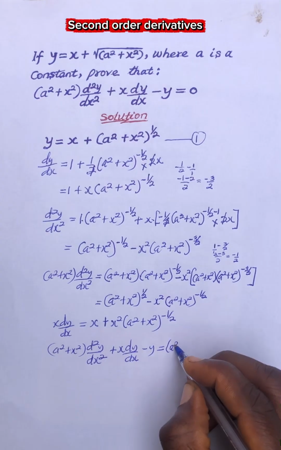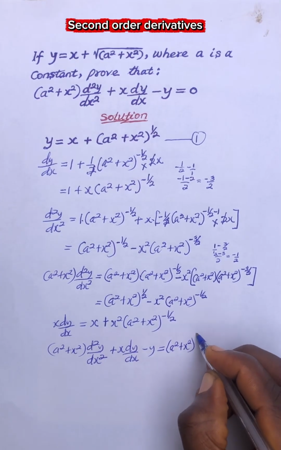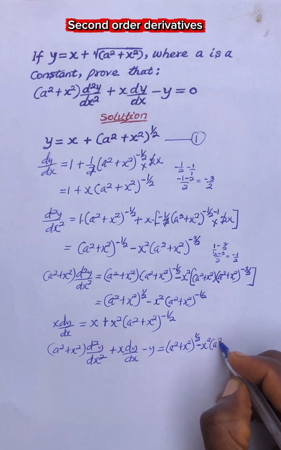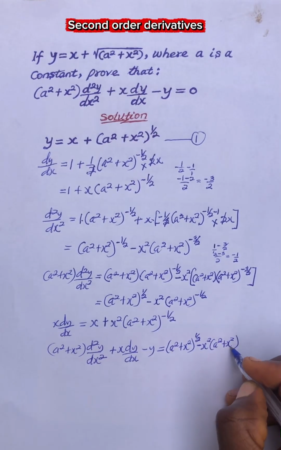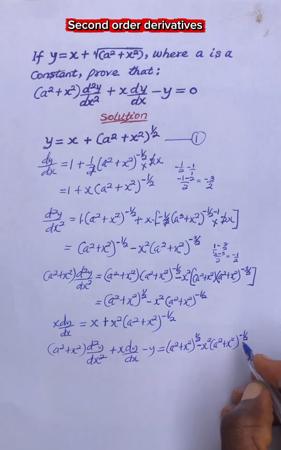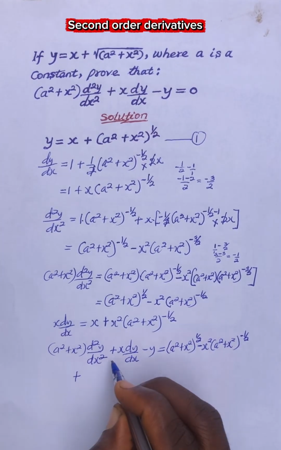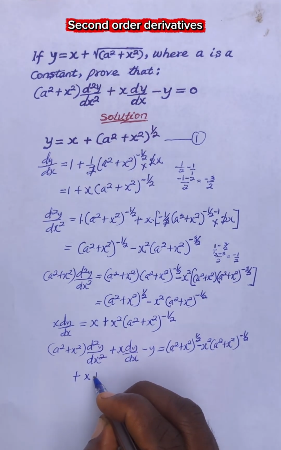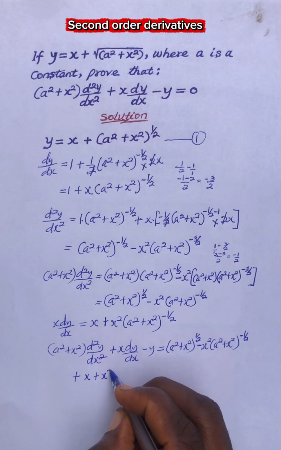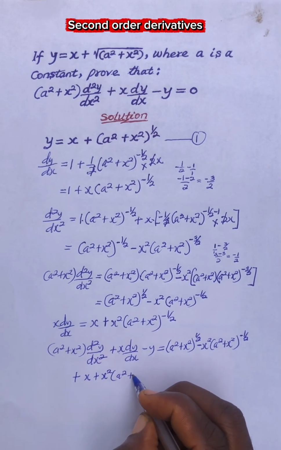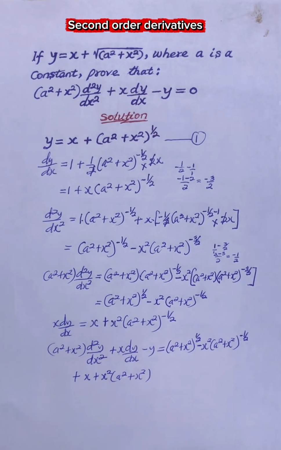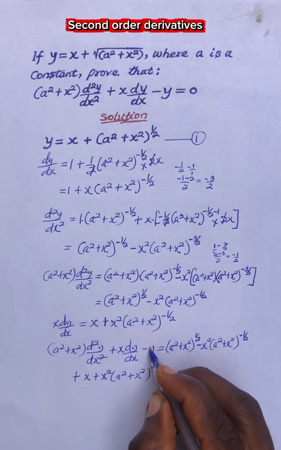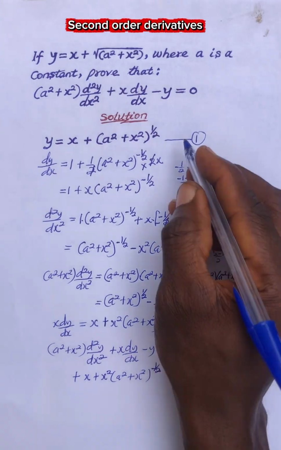We have (a squared plus x squared) all to power half minus x squared into (a squared plus x squared) all to power minus half. Then the plus sign, plus x multiplying the first order, which is this, x plus x squared into (a squared plus x squared) all to power minus half, then minus y, and y has been given from the beginning as this.